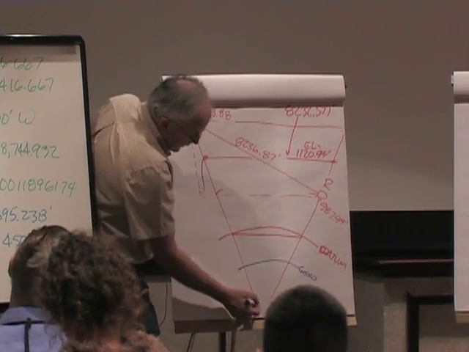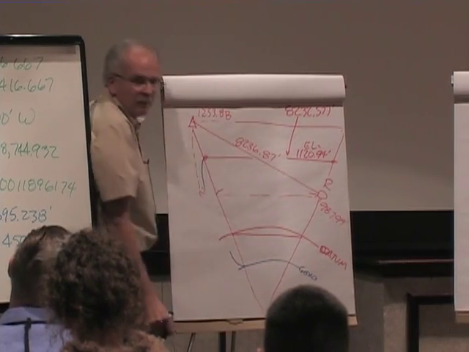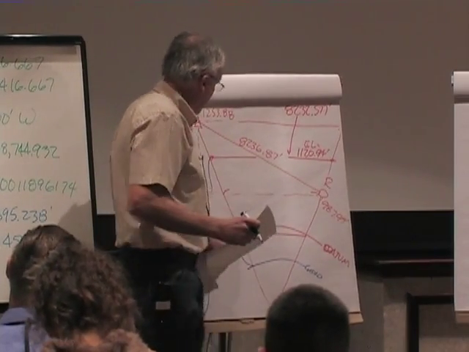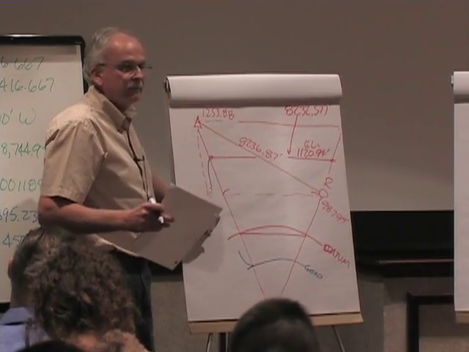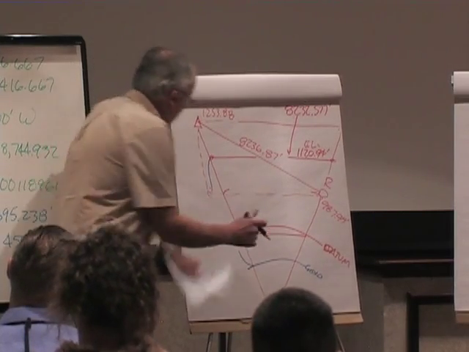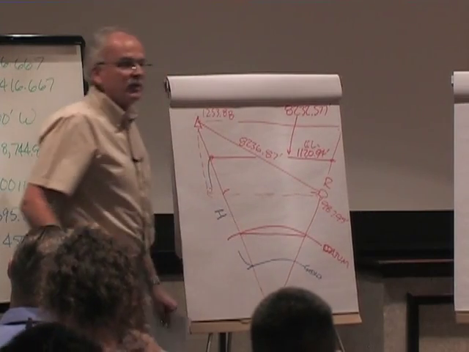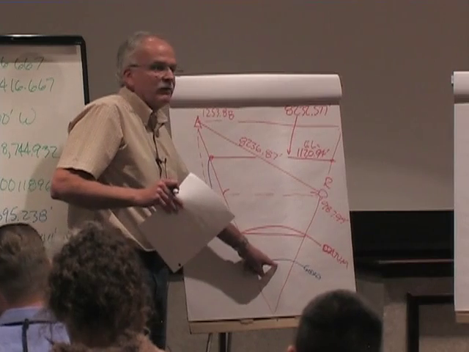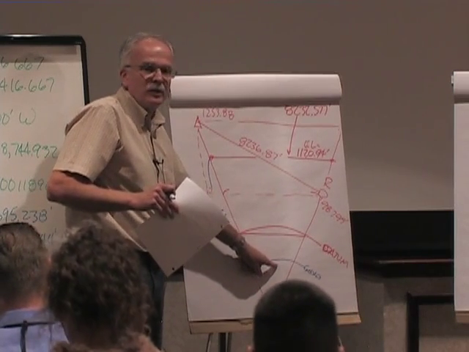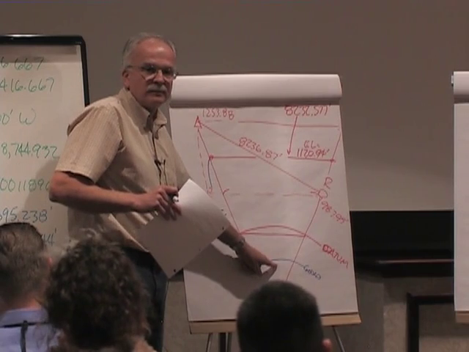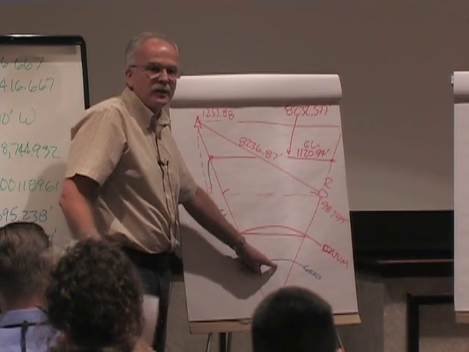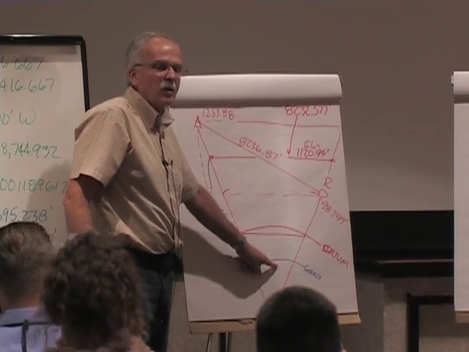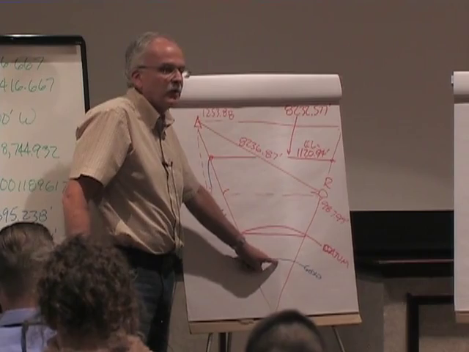This dimension right here is what? First of all, it's big H from David's diagram. And what do we use the geoid for? Anybody know what we use the geoid for in surveying? Orthometric elevations. All of your benchmarks are based on the geoid. All your benchmarks are based on sea level. So they're based on the geoid.